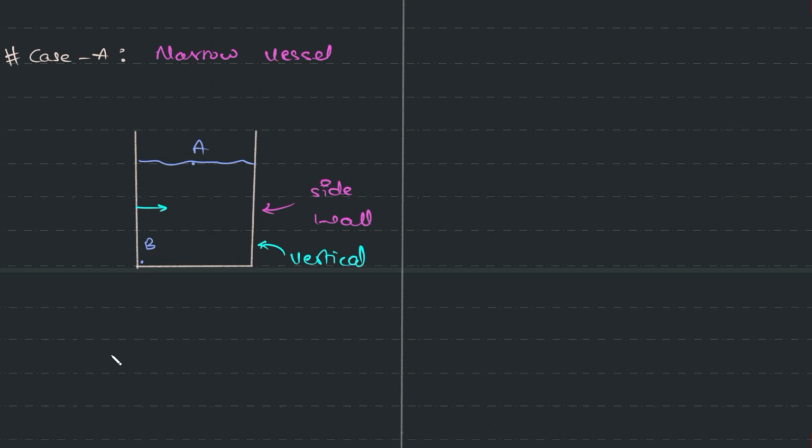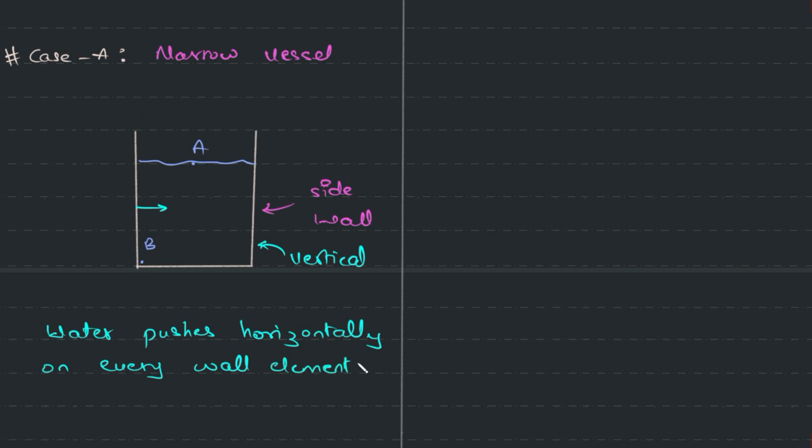So, here, water or any fluid, it pushes horizontally on every wall element. Okay. So why it matters, I'll explain. So the reaction force will also be horizontal. So there is no vertical component.